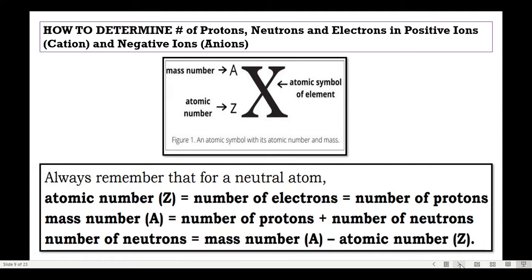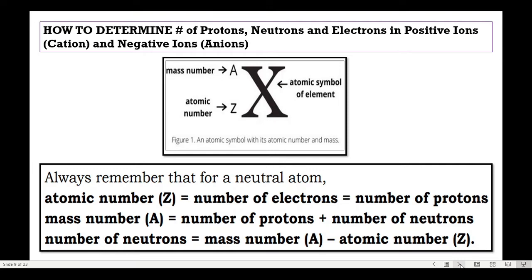Okay, kahit anong element yan, basta ang symbol natin na nire-represent na yun yung X, which means an element. Then, from the upper left, we have the symbol A for the mass number, yun yung bigat. Okay, yung iba nalilito, mass number, tapos atomic weight. Isa lang yun. Weight, mass, sa Tagalog, bigat. And then atomic number represents letter Z on the lower left of the symbol X. So, Z, which means atomic number.